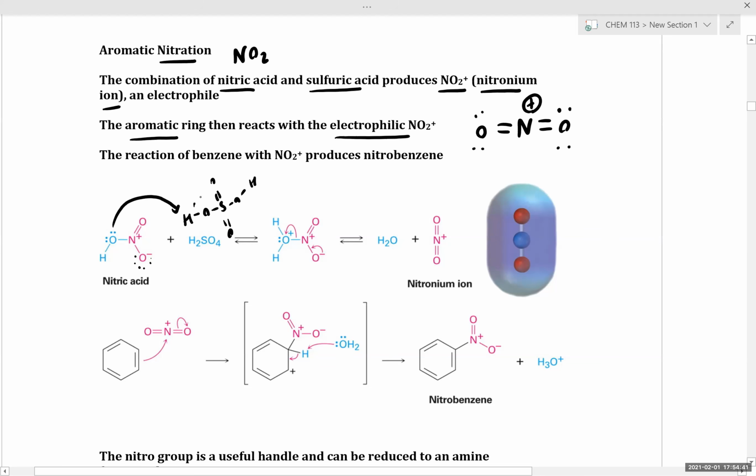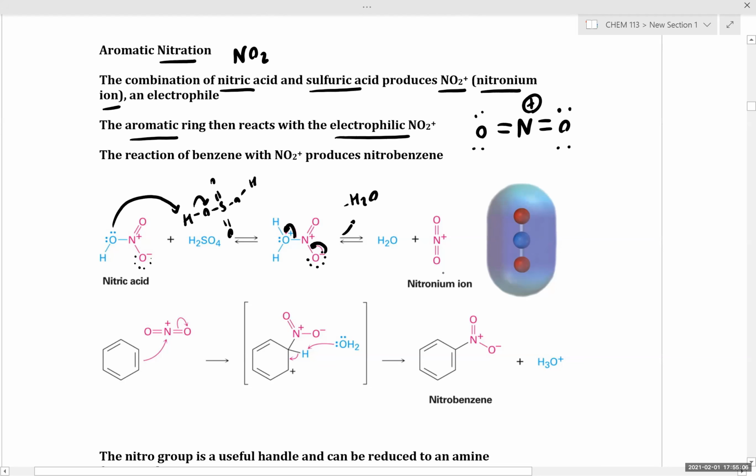So we protonate one of our oxygen atoms, and then from there, we eliminate an equivalent of water, and that generates our nitronium ion. Notice these two steps are equilibrium steps, and they are reversible.